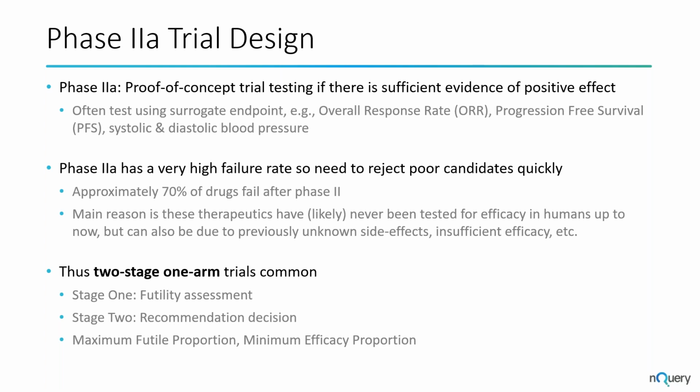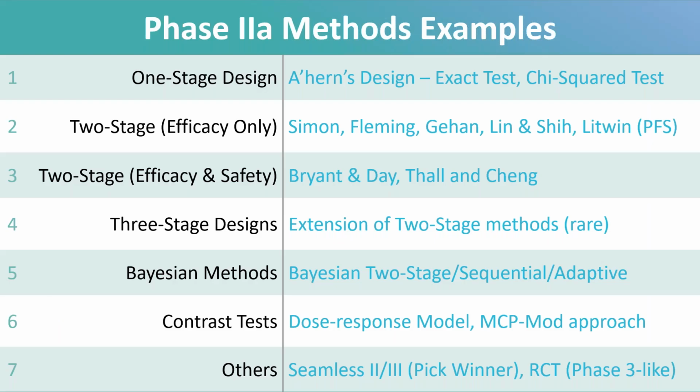So what are some of the methods that we can use for the Phase IIa study? You can, of course, use a one-stage design where you recruit the required number of people and do a proportions test like a Hearn's design or a chi-square test. But this isn't as common as two-stage designs.